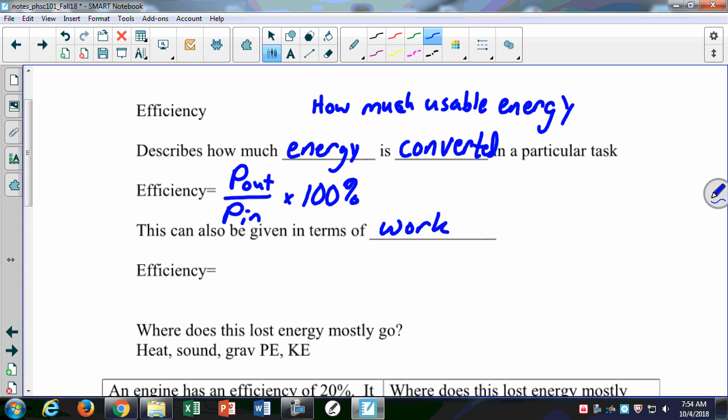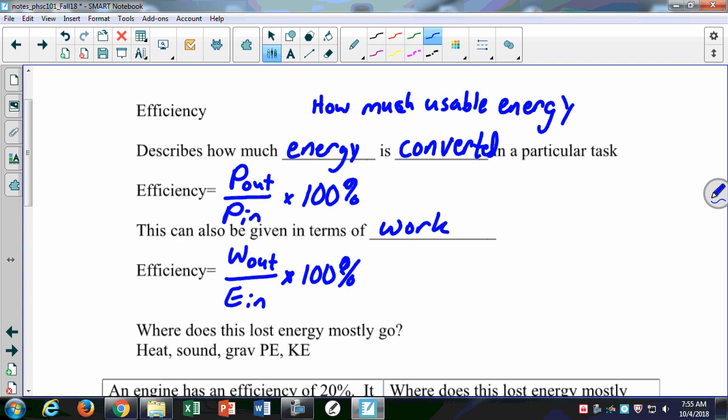How many joules per second on the top, how many joules per second on the bottom, and so they'll cancel out. So my efficiency I can also describe in terms of work, that the work that's output divided by the energy that's input times 100 as a percentage is going to be exactly the same. Both of those are equivalent.